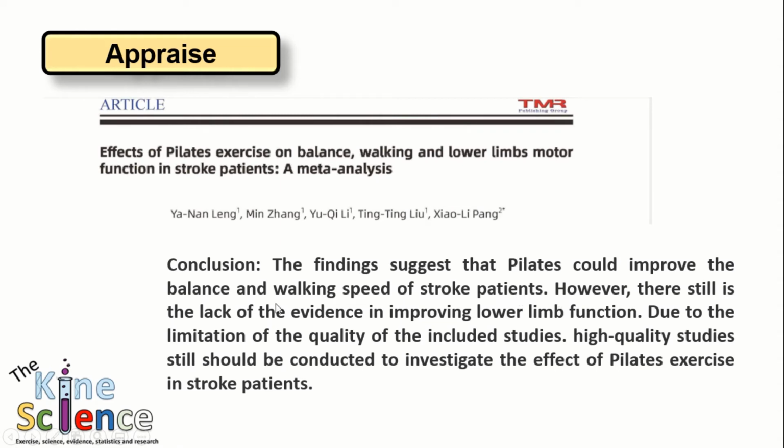So we can use Pilates in patients with a stroke according to this meta-analysis. However, this is not the best intervention in this kind of patient, but if you are thinking to use something different to improve balance and walking speed, you can use Pilates in this patient. So this is really important.